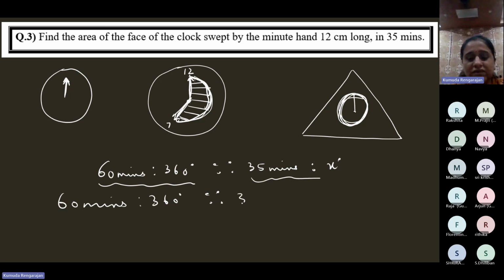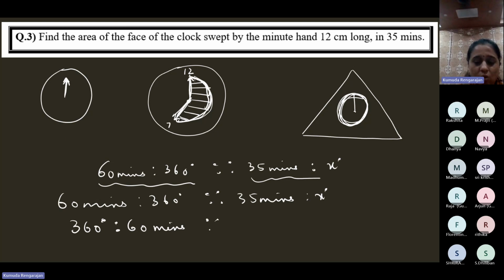Then in 35 minutes, how many degrees will it cover? Writing the proportion correctly is very important. If you write degree, minutes, then you should write degree, minutes. If you write minutes and degree, you should write minutes and degree.